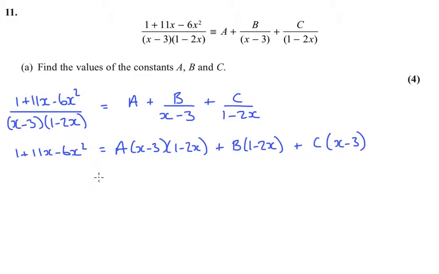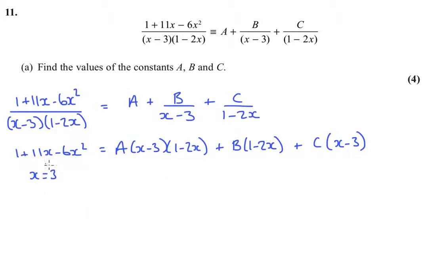The normal procedure is to let x equal a particular value that's going to reduce this down. So the first value I'm going to choose is x equals 3. That's going to allow us to make the C term disappear and the A term disappear and work out B.